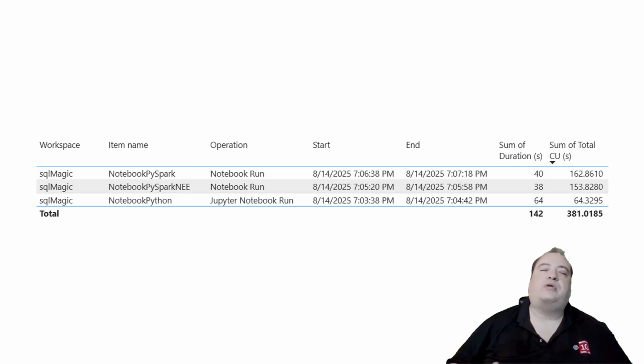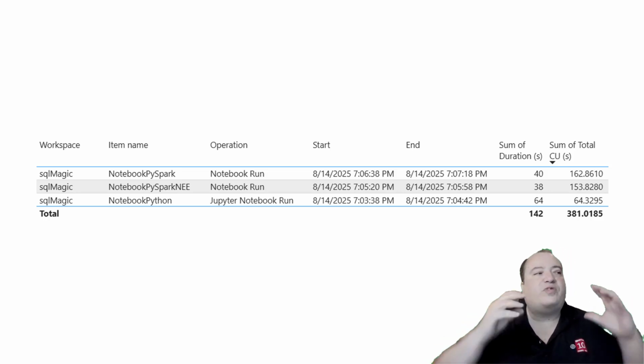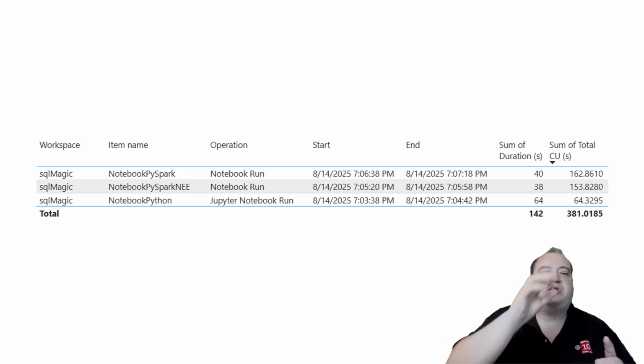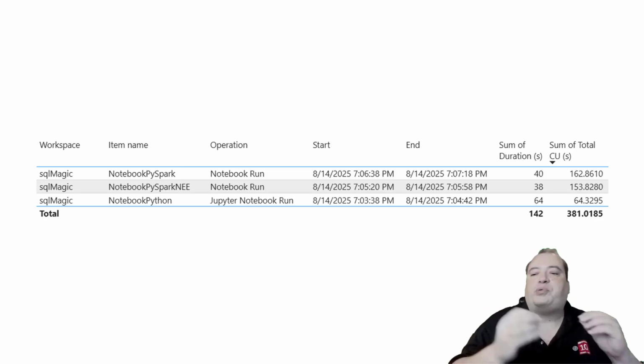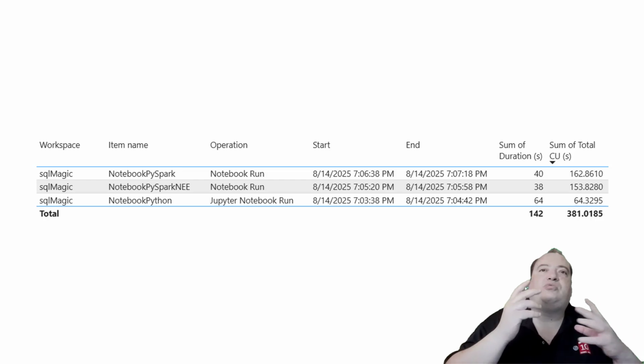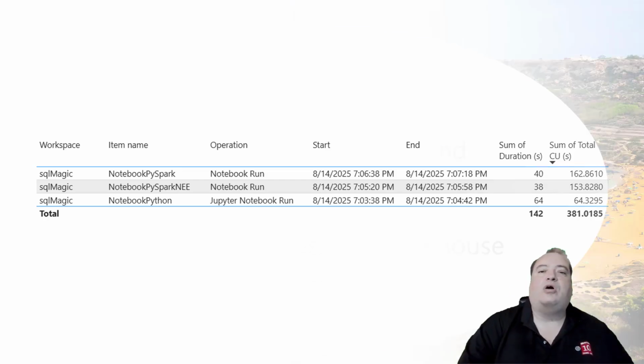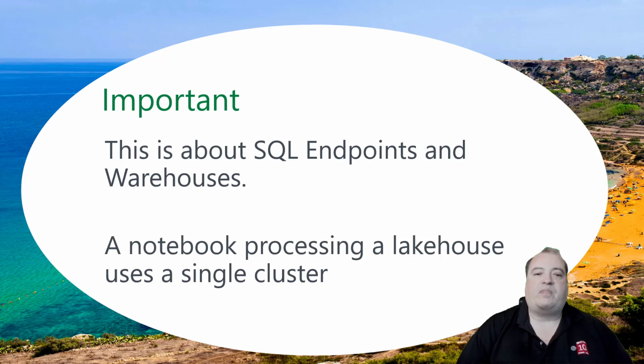In this way, we are seeing that it is very important to choose the right type of notebook for each kind of operation, because this will affect the consumption of your capacities. But it's important to understand that we are talking about SQL endpoints and warehouses.